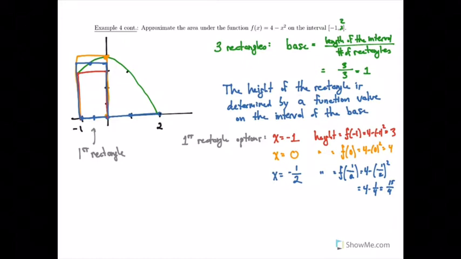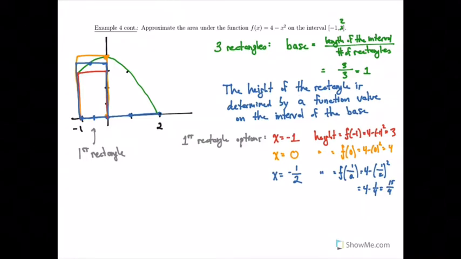And there are a lot of other options that we could use. Anything in between -1 and 0 could be a height that we could consider. We're going to stick with just these three options. These are kind of nice options. Either the very left endpoint, the right endpoint, or the middle point in that interval. And that's going to give us 3 of our 5 kind of different ways to deal with this area.